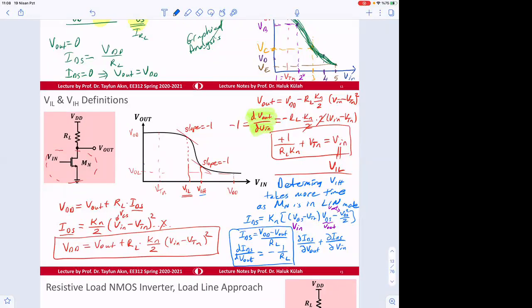And then from here, we can write V out divided by V in, and obtain that, and then we'll be finding that out. Okay, so let me do that and then give that as a handout.